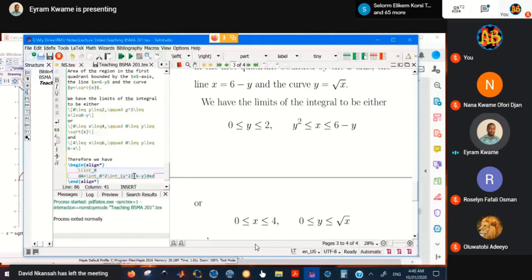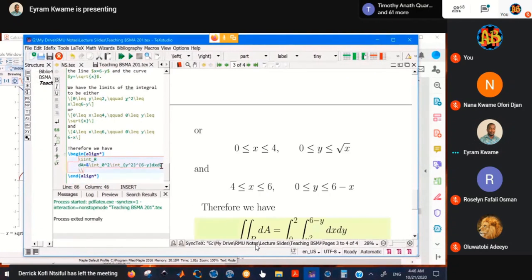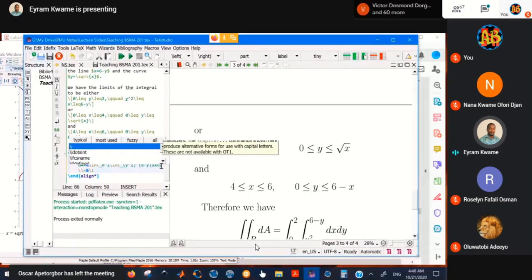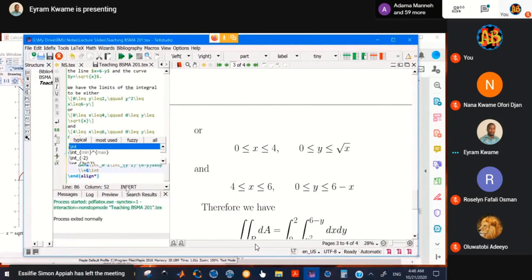But I need this. Something is not right. I need this, so that it becomes an integral from 0 to 2.